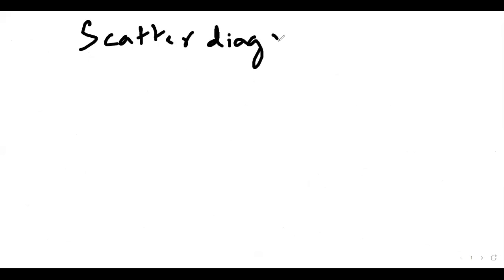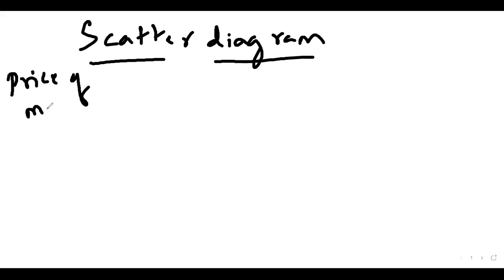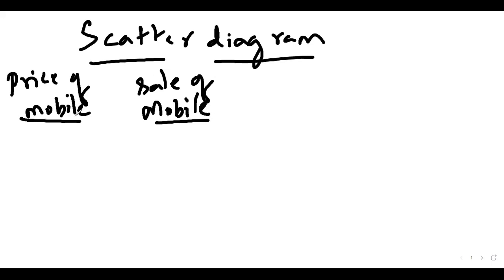Next, we'll solve one more problem on scatter diagram. We'll consider two different variables: price of mobile and sale of mobile.